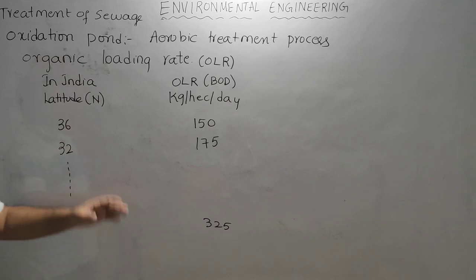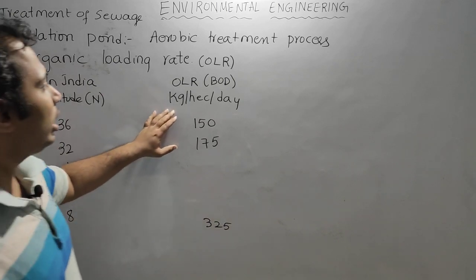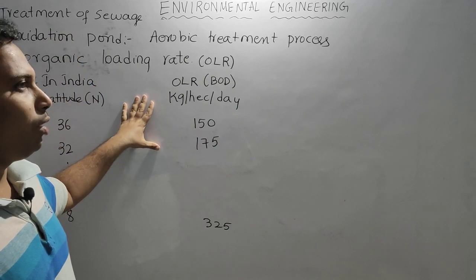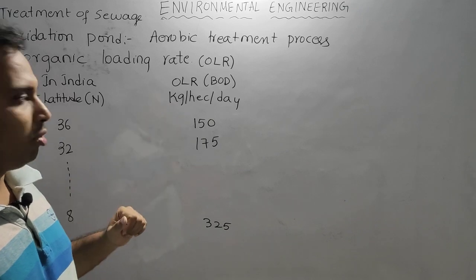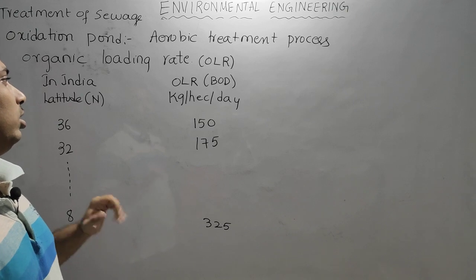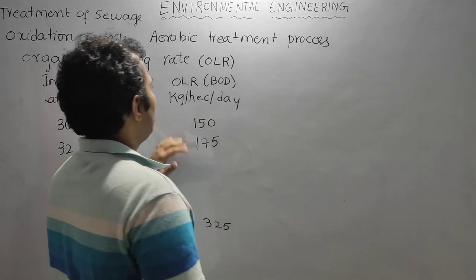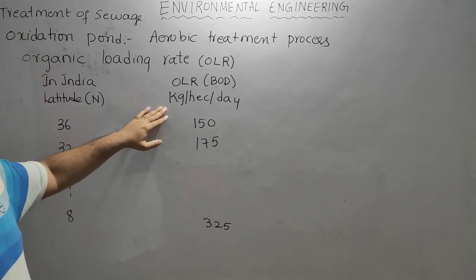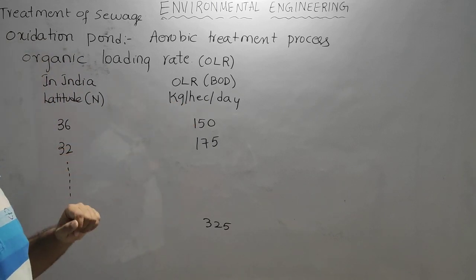That value will be given to you anyway in the examinations. Don't worry. Okay. So by looking at the organic loading rate, we can design the oxidation pond. This is the organic loading rate already given for us, in kg per hectare per day.